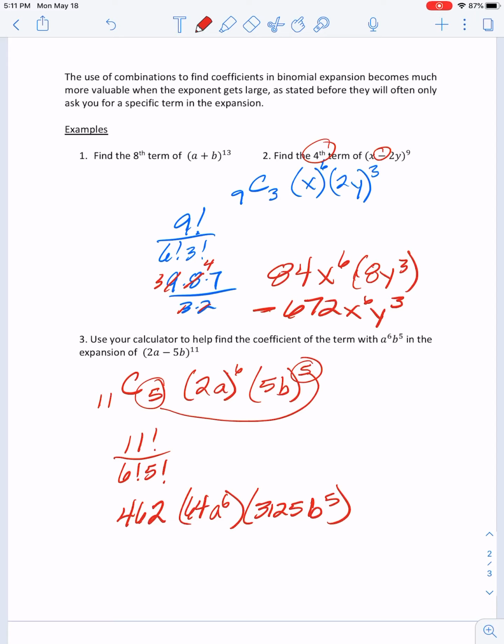And now you just multiply all those numbers together. So 462 times 64 times 3125. And you got a really large coefficient here, which is obviously why this would be on a calculator only test.